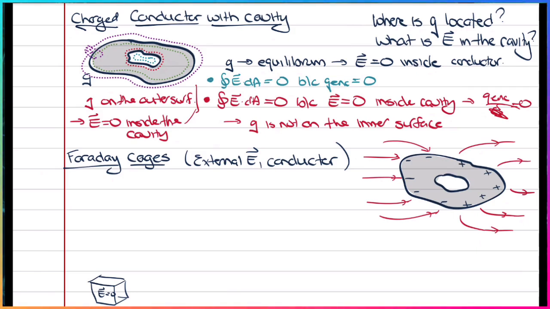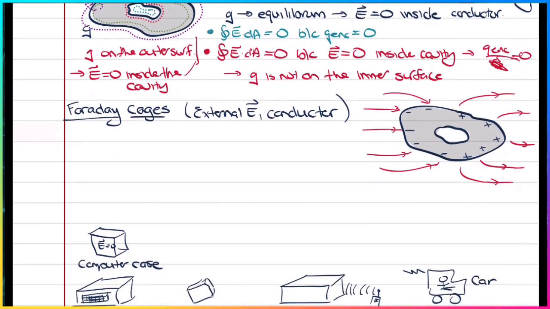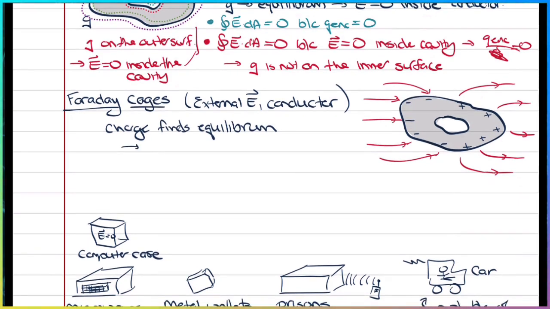It's still overall neutral, but it redistributes itself. In this case, again, the charge finds equilibrium, but then all the results follow. E is 0 inside the conductor.